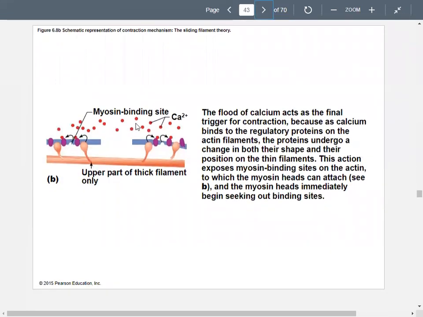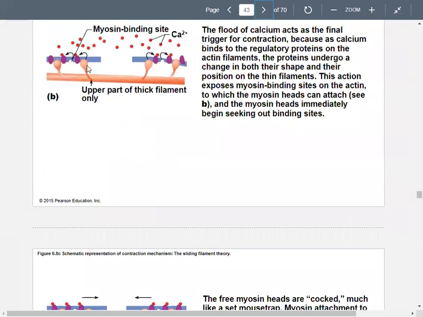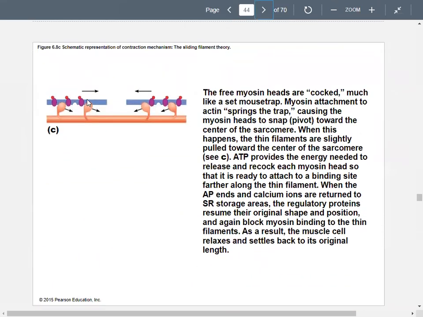All right, so that's what's happening here. You get calcium ions, and then you start getting a pivot. Look at where the myosin heads are here, and then you see how they move downward. So they're pulling the thin filaments toward the middle.